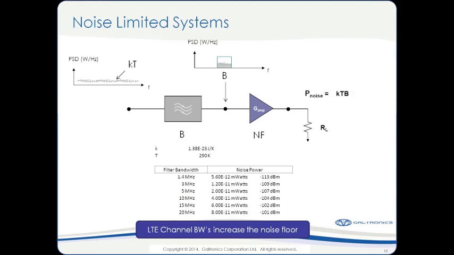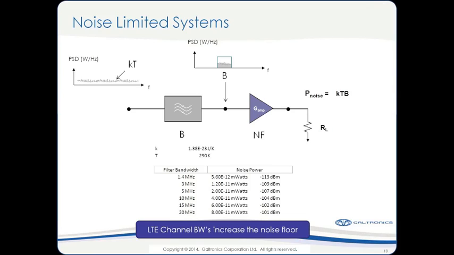So as was shown in the photo on the previous slide, the noise floor is fairly significant when talking about PIM, and where the noise floor is relative to the PIM source. If we recall, the noise floor of any receiver is determined by the filter bandwidth at the input. What I've shown here is just the filter bandwidth from the 3GPP for LTE systems: 1.4, 3, 5, 10, 15 and 20 megahertz bandwidths.